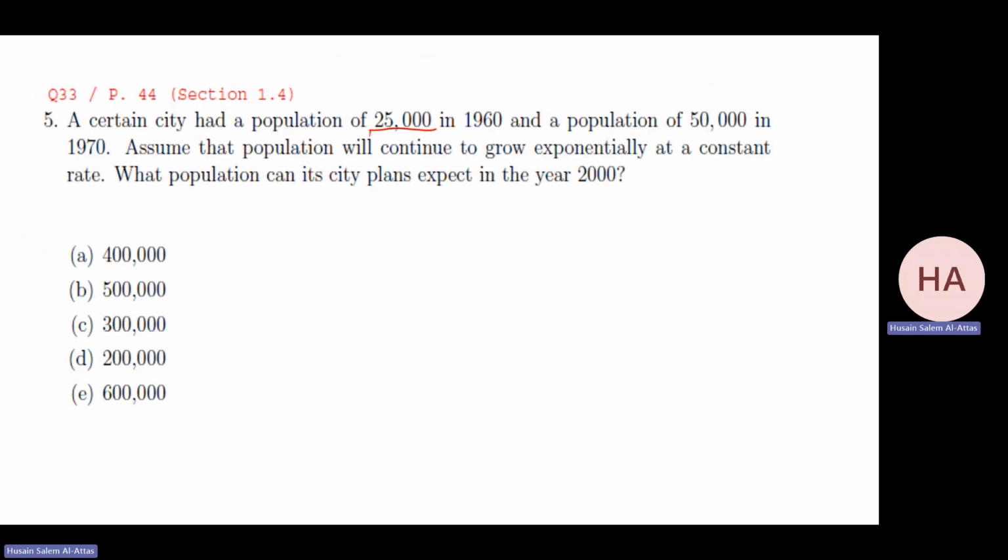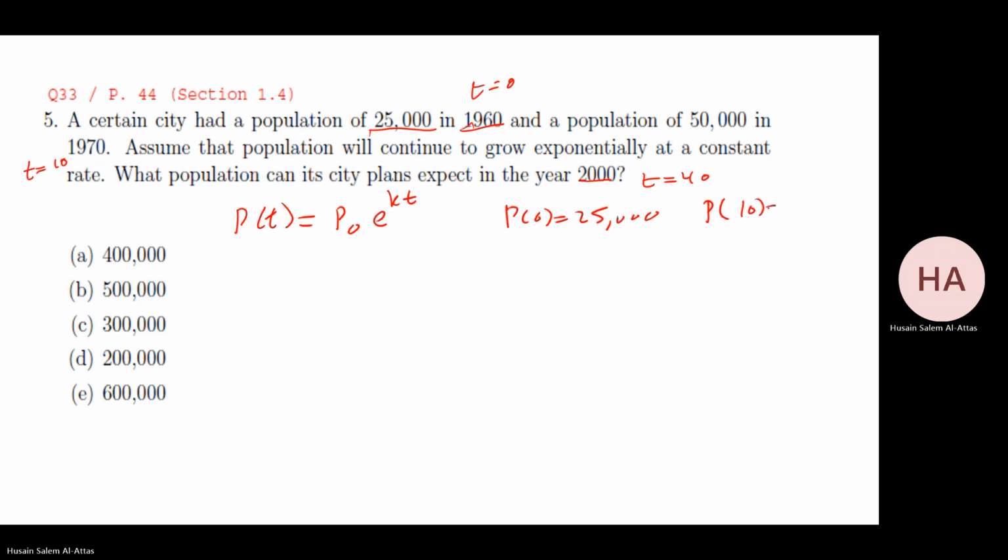Okay. I have 1960, this is t equals 0. So 1970, this is t equals 10. 2000 means I need to find it when t equals 40. So I have this relation. I have P at 0 is 25,000. P at 10 is 50,000.